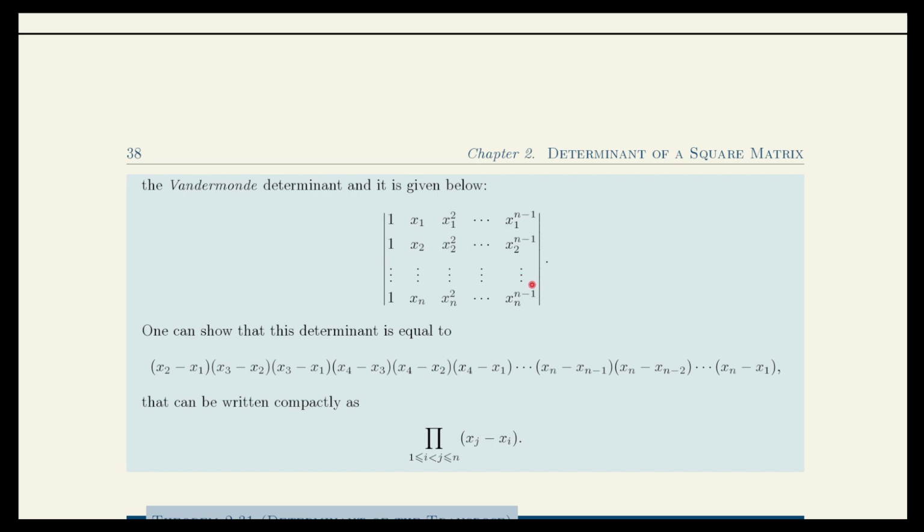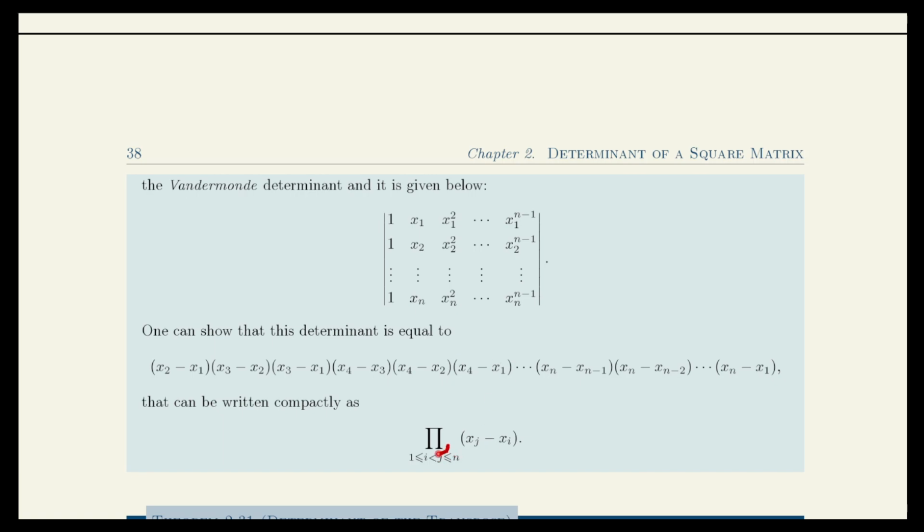So if you want to calculate this using the same methodology, you can show that after expansion, it becomes this long product. So you start with x2 minus x1, then x3 minus x2 and x3 minus x1, then x4 minus x3, x4 minus x2 and x4 minus x1. So whenever you start with a variable, you have to subtract all previous ones and multiply them. So that is the general pattern.